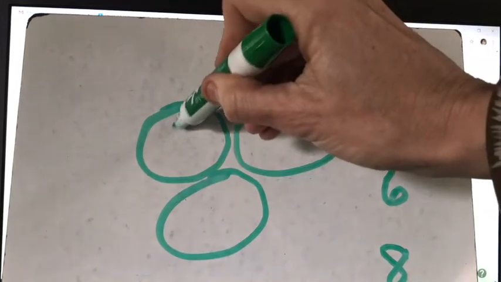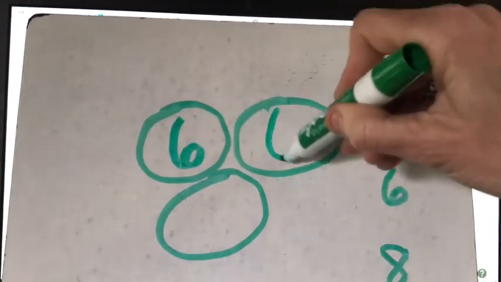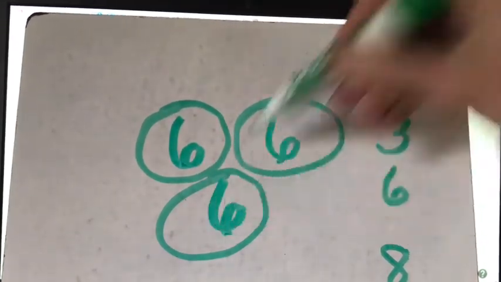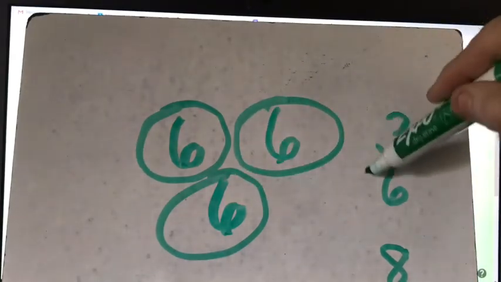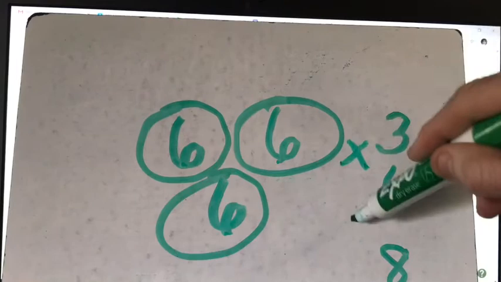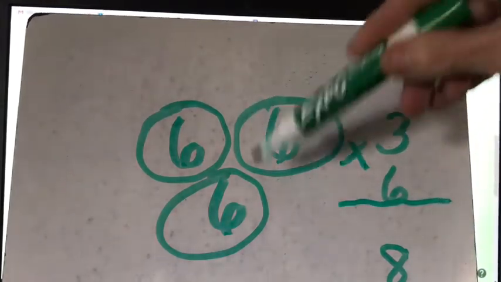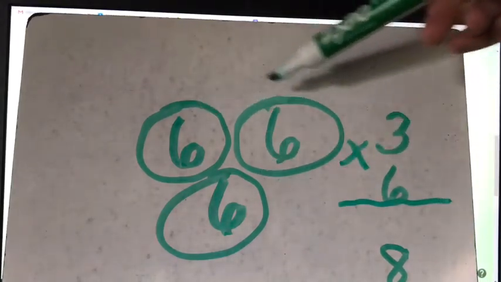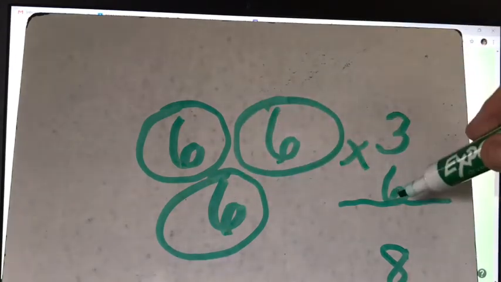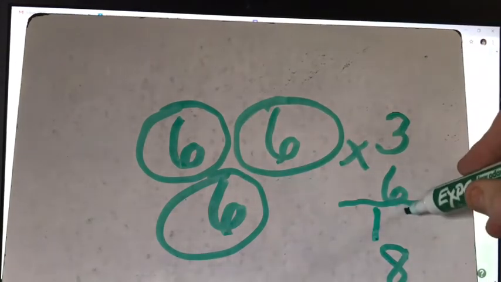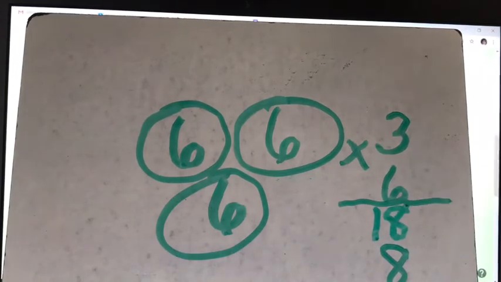I'm going to put the number 6 for 6 snowflakes in each group. So I can either count by 6s or I can multiply 3 times 6. So if I go 6 plus 6, I get 12, plus 6 is 18. So right there, she has 18 snowflakes.